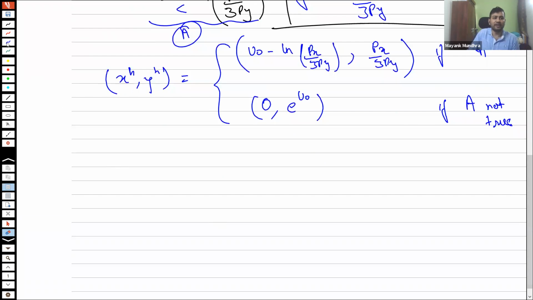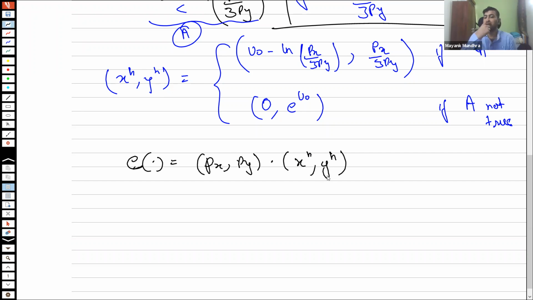Now, once you find your Hicksian demand, the expenditure function is still not found. The expenditure function is simply the price vector p dot (xh, yh). So the expenditure function, it should be small e, e will be equal to (px, py) dot (xh, yh).